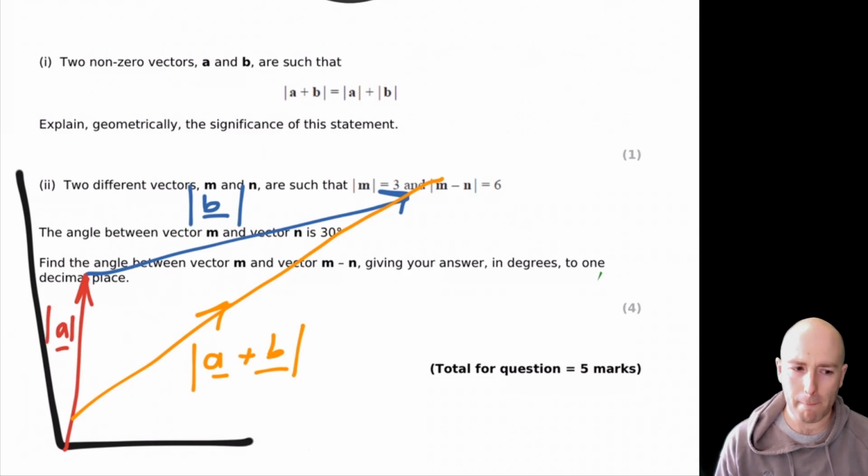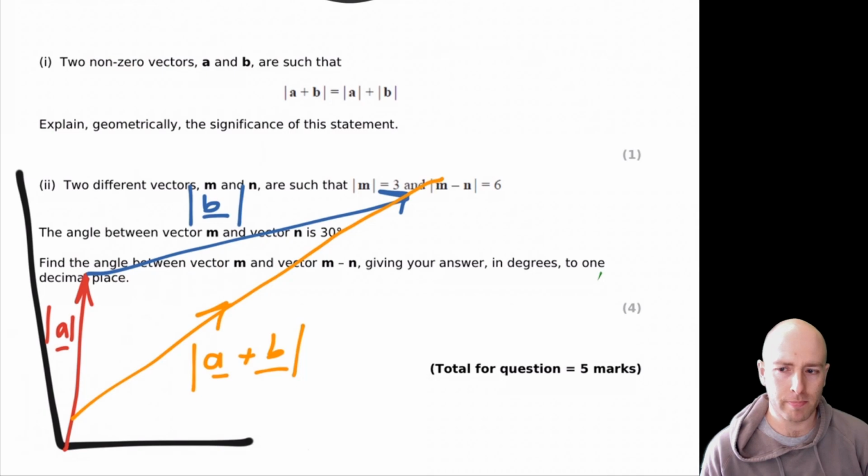What does that mean? When does that happen? Nope, not A and B are equal.